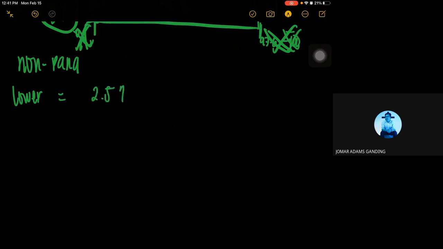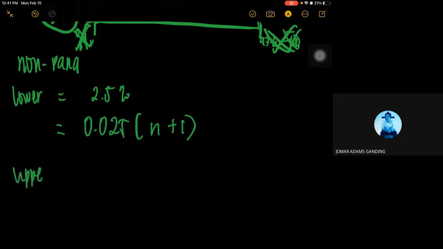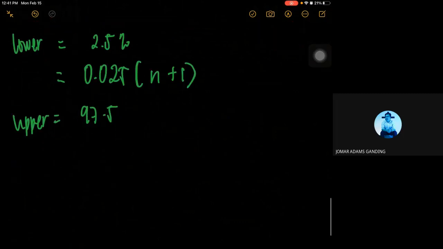So that is 0.025 times n plus 1. For the upper limit, that is 97.5, so 0.975 times n plus 1.